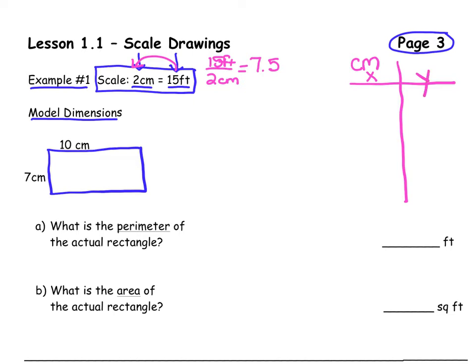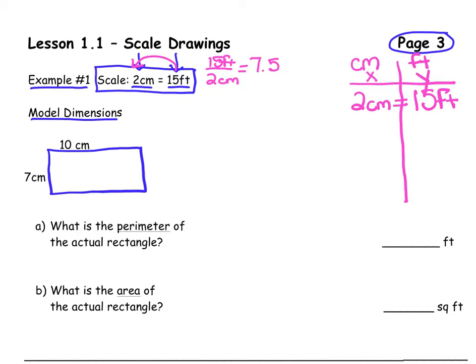Y is going to be the actual measurements in the real world. We know for every 2 centimeters on paper, it's equivalent to 15 feet in the real world. Please copy down these notes. If you need to pause the video, please do so. Begin when you're ready.